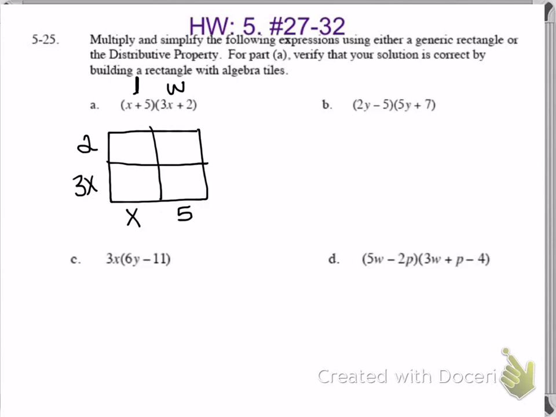Now what we are going to do is multiply to get the area of each rectangle. So the first thing that I'm going to do is take the 3x times the x, and that's going to give me 3x squared. The next thing that I'm going to do is take the x times the 2, and that's going to give me 2x.